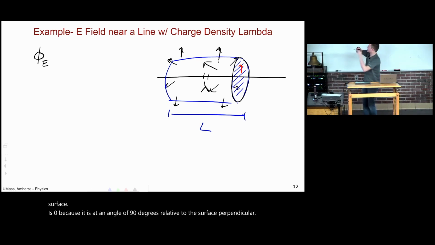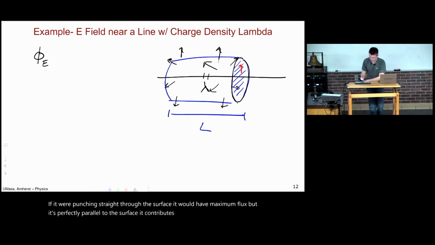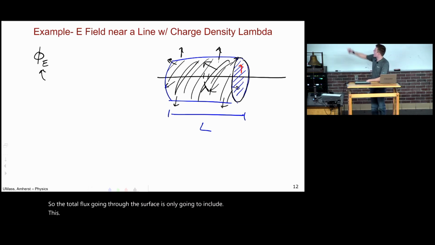If it were punching straight through the surface, it would have maximum flux, but it's perfectly parallel to the surface. It contributes 0 flux. So the total flux going through the surface is only going to include this surface in black right here. It's not going to include the edges because there's 0 flux coming from the two edges.